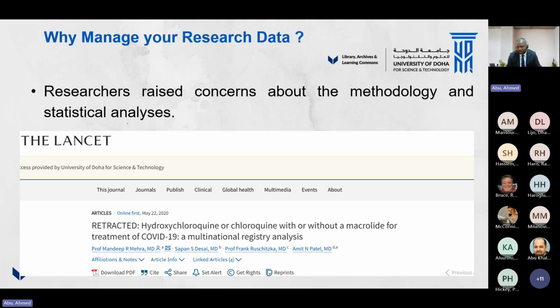So they realized that the authors couldn't account for even some of the data they used to draw up the conclusion. But if you have your data management plan, you should be able to account for your data. So I don't want us to find ourselves in this kind of scenario.